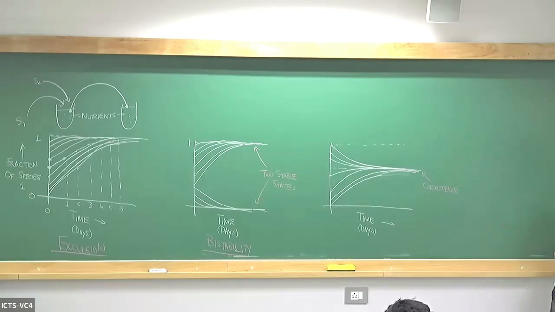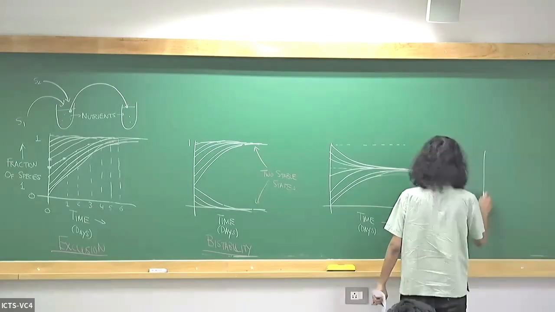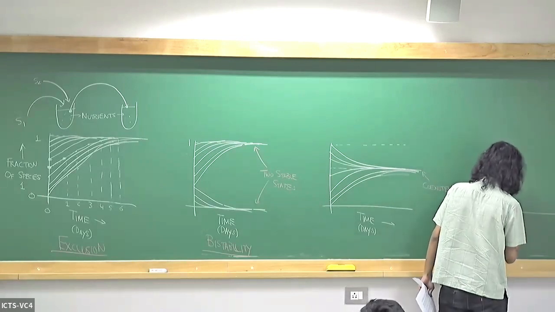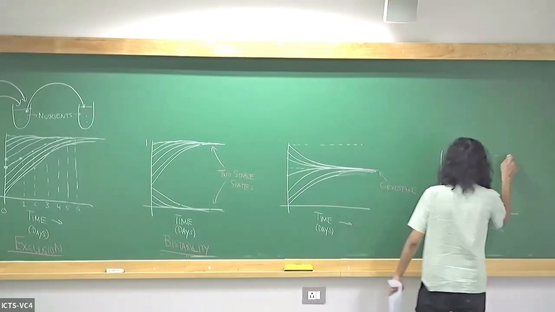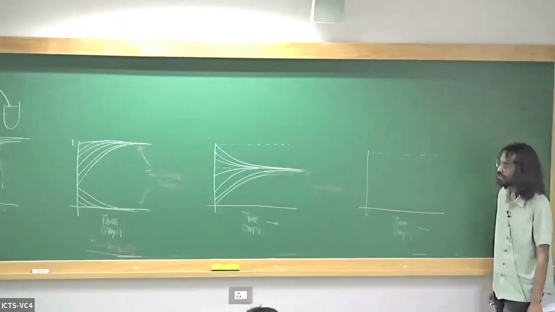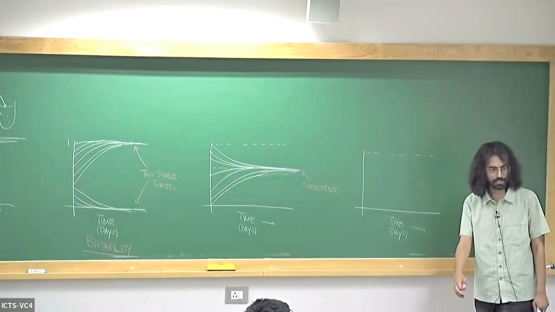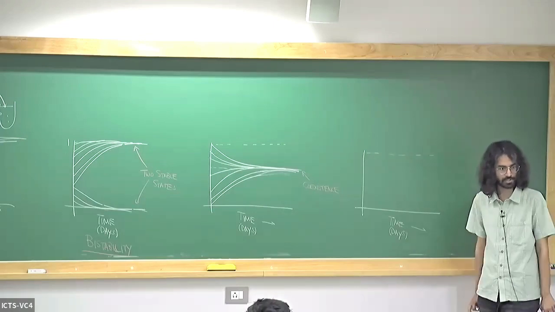So there's a fourth outcome here that I didn't draw. I'll draw it now, just to point out that you don't really see it that often, though it has been observed a couple of times. One other outcome could have been oscillations. We never see that. To the best of my knowledge, we've never seen oscillations.